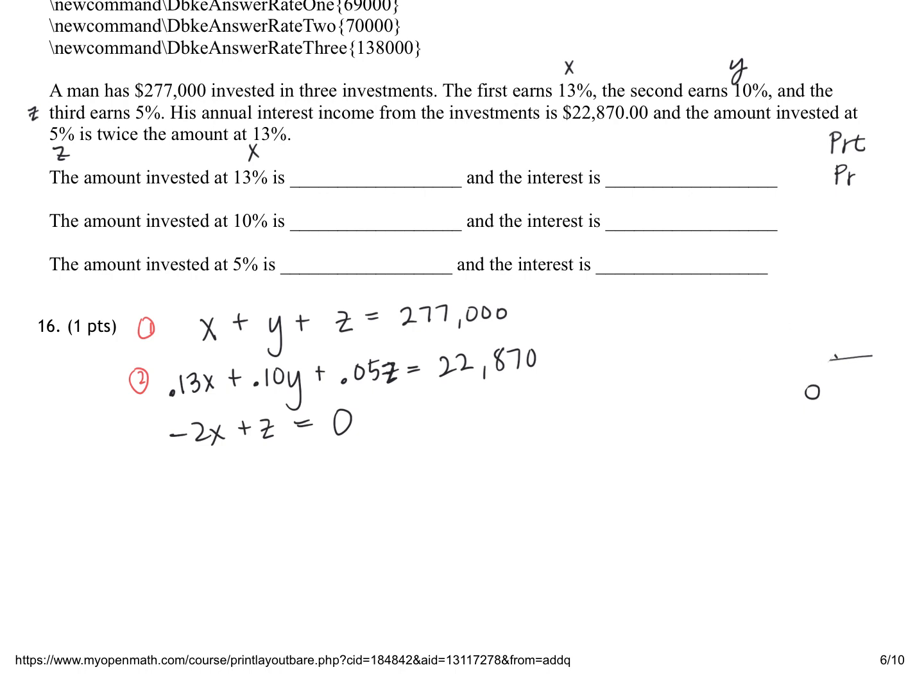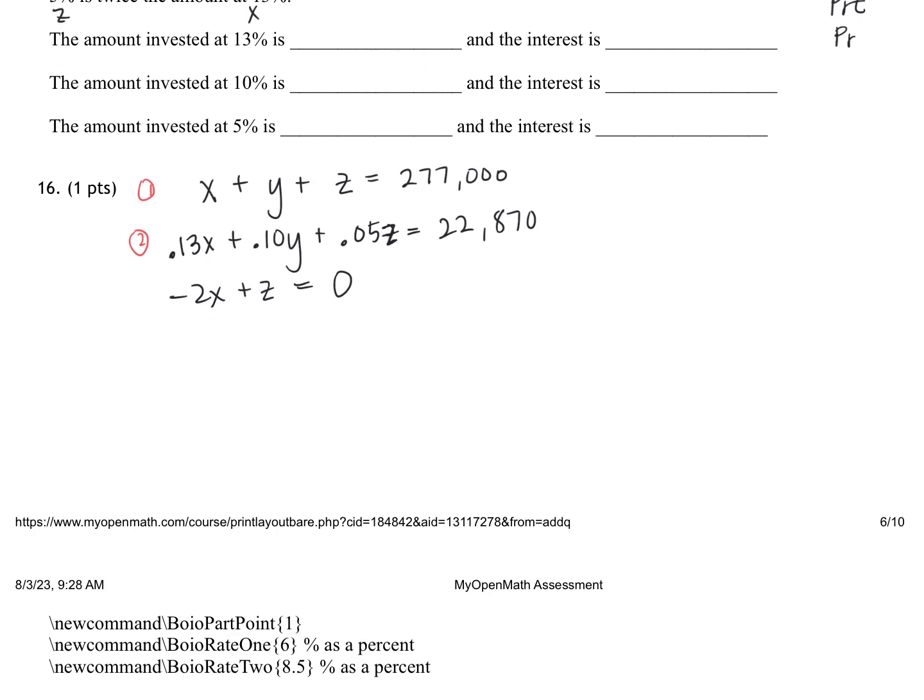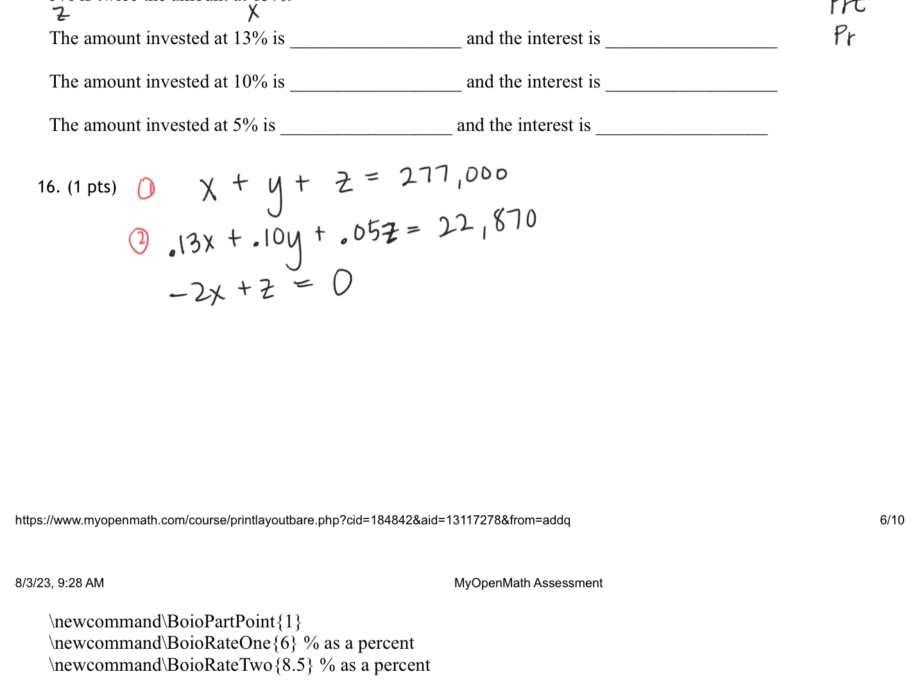So let's look at equations 1 and 2 and try to eliminate the Y variable. We have X plus Y plus Z is equal to 277,000, and 0.13X plus 0.10Y plus 0.05Z is equal to 22,870.